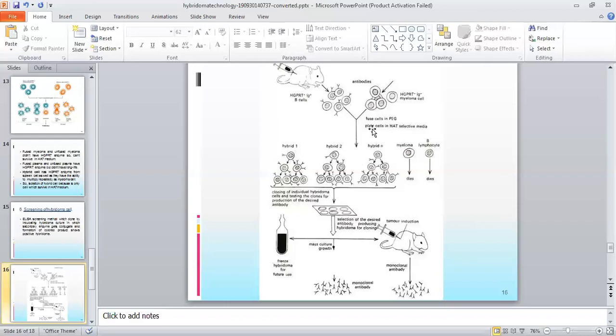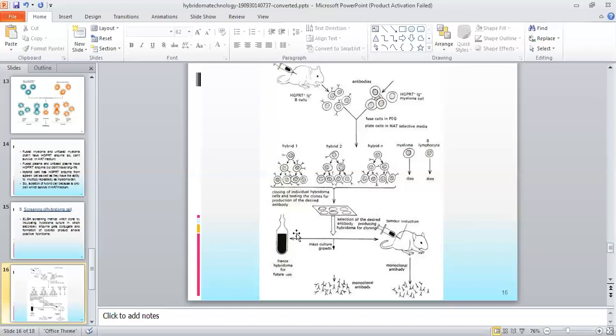In the second step, cells are fused using PEG. PEG is the media which helps in the fusion of two cells, plasma and myeloma cells. They produce hybrid cells: fusion between two plasma cells, fusion between two myeloma cells, and plasma and myeloma cell fusion.